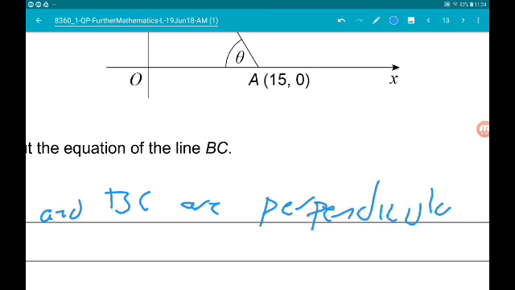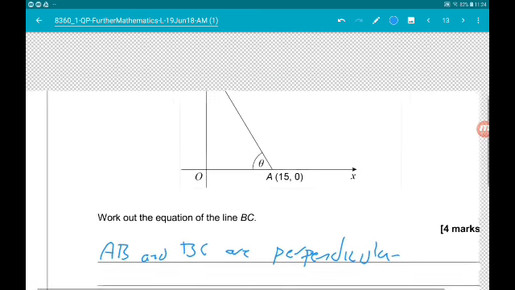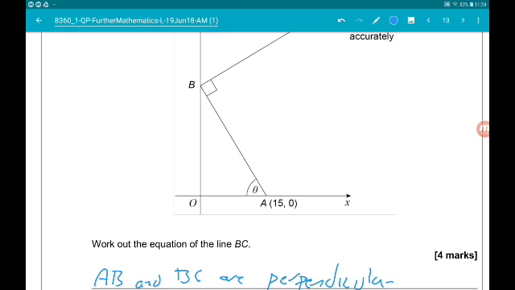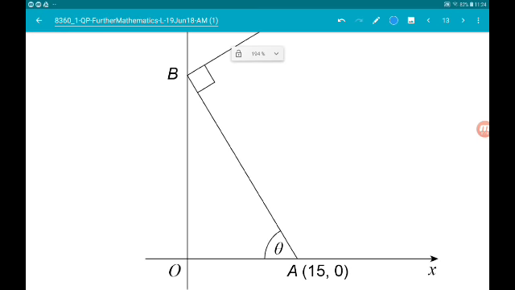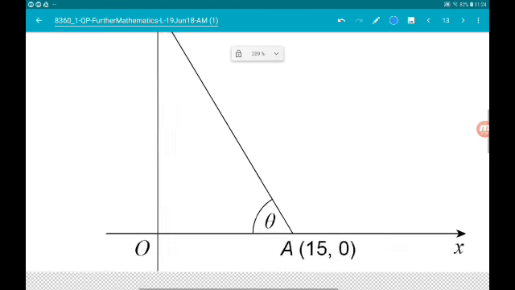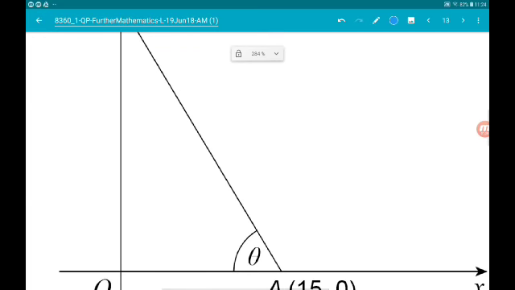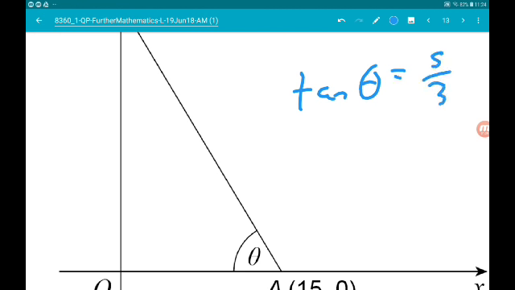Now, when lines are perpendicular, their gradients multiply together to give us minus 1. Now, the problem with that is we can't find any gradients yet. What we need to do is find out the coordinates of B. So, we are told that tan of theta is equal to 5/3.